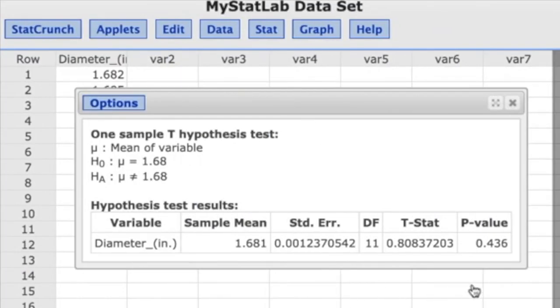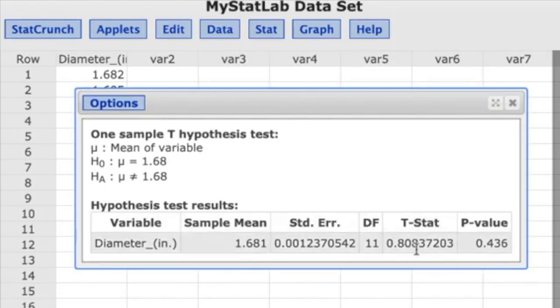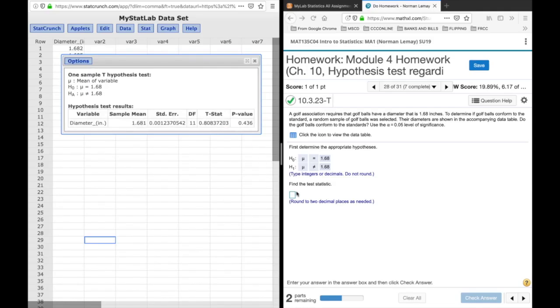All right, so our test statistic right here, which, if you'll recall the formula that was used, is kind of a doozy. Notice that we have this typed in for us. Our test statistic, again, note round to 2 decimal places, so make sure you use your rounding: 0.81.